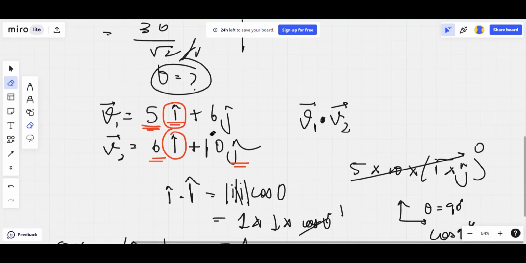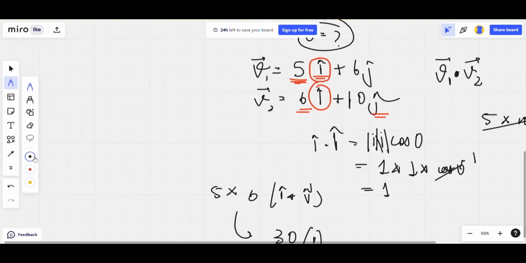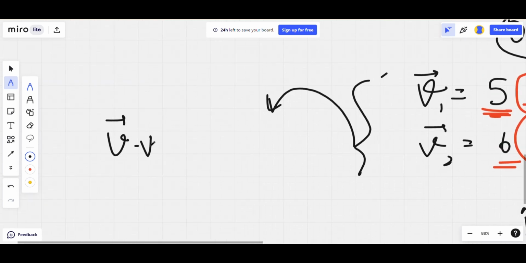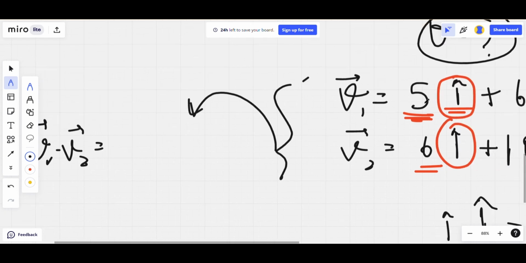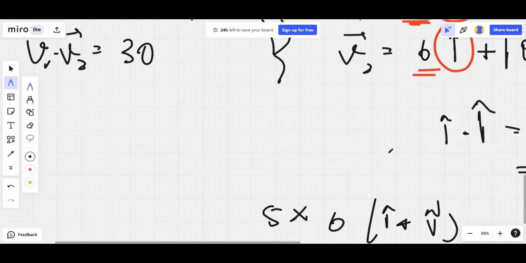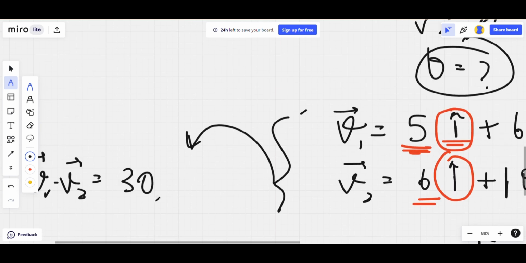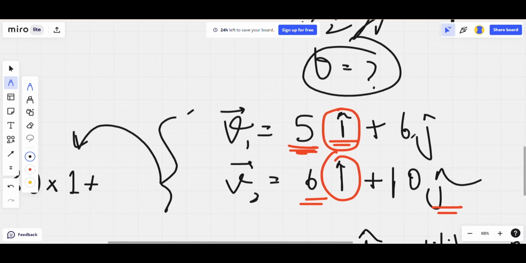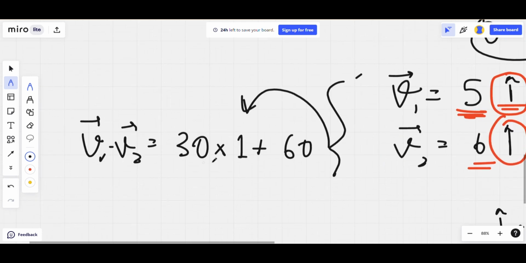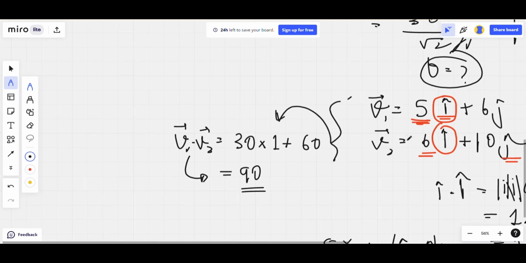For example, I'll explain. v1 dot v2 is nothing but, what did I just say? Multiply the magnitudes with the same unit vectors, which is 5 into 6, which is 30. We just found out that i into i is nothing but 1, so we don't have to multiply by 1. We can actually do it, multiply by 1, plus 6 into 10, which is 60. j into j is nothing but 1. So we have 30 plus 60, which is 90. That is v1 dot v2.